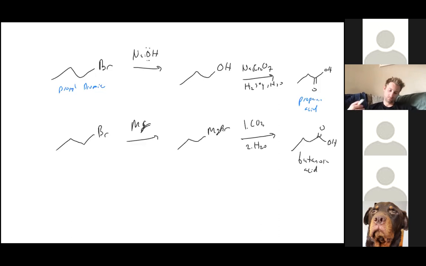So if we take our propyl bromide here, we're going to throw in malonic ester, followed by H3O plus.